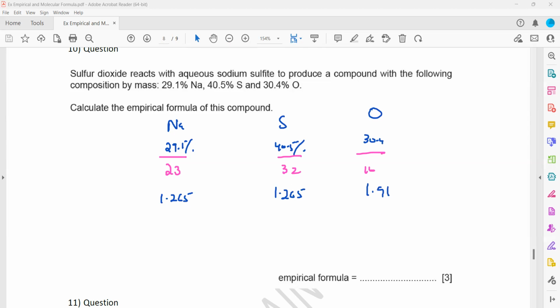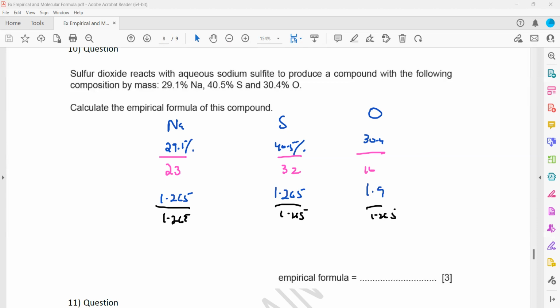Then we divide by the smallest value in the combination, which is 1.265. So this will be 1, this will be 1, but the problem is this is 1.5.